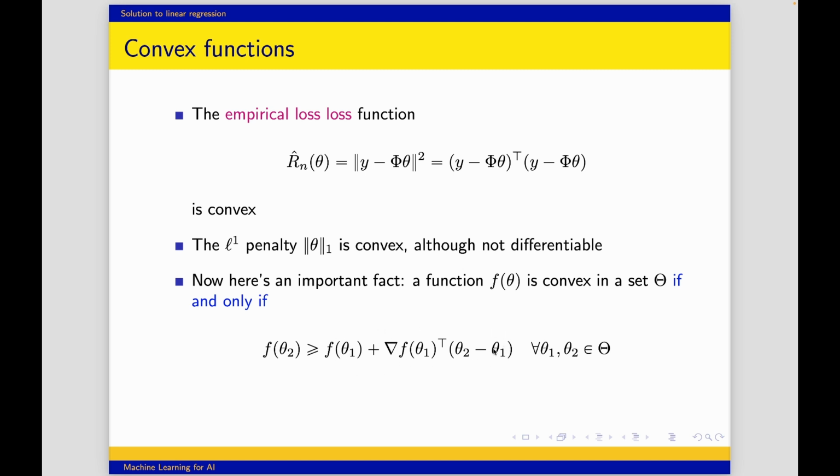This is a quadratic upper bound of the function at theta 1. And what is it? It's just a first order Taylor expansion, right? In the multivariate case, where theta is not a scalar but a vector. So this is an upper bound on the function.